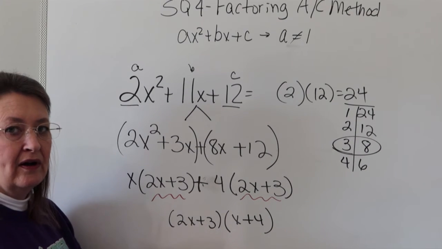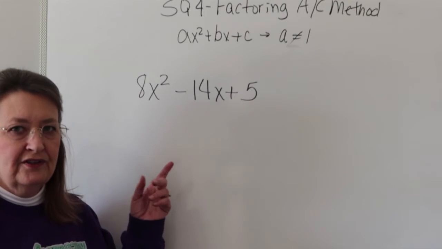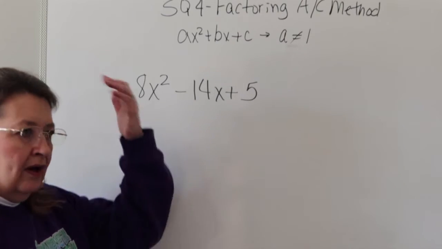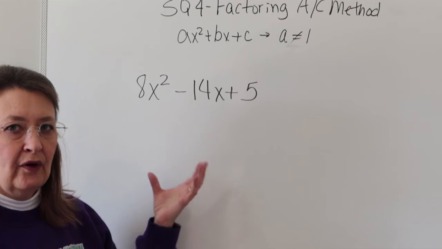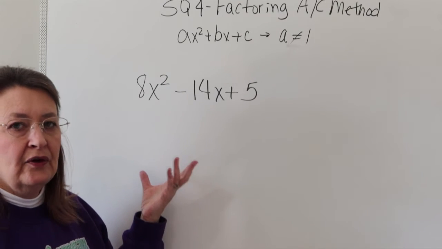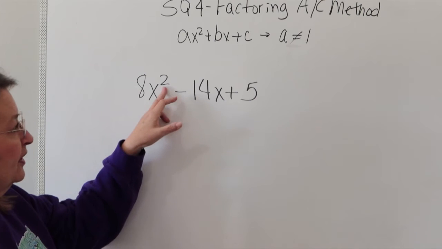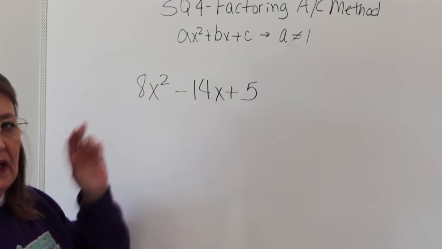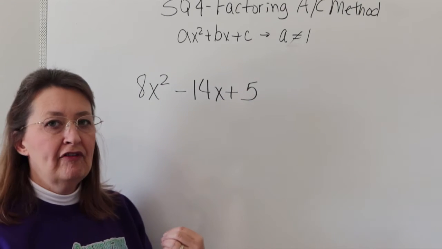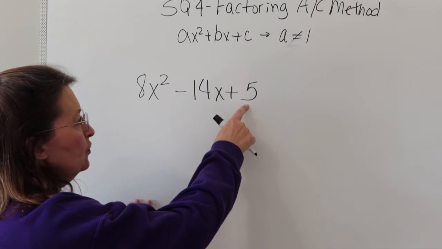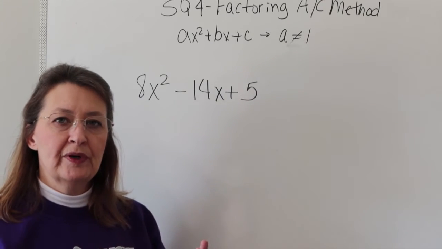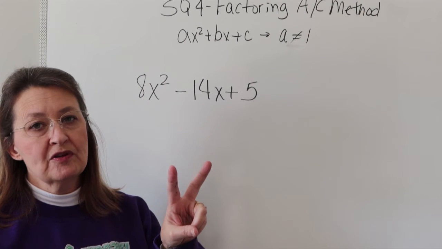Okay? Let's work another one. Here's another problem. Now, listen to the analysis that I'm doing in my head. I know I need to factor this. So, is it a quadratic? Yes, because it has this exponent. Next, how can I factor it? Well, count your terms. 1, 2, 3. If you have 3 terms, you have 2 possibilities.